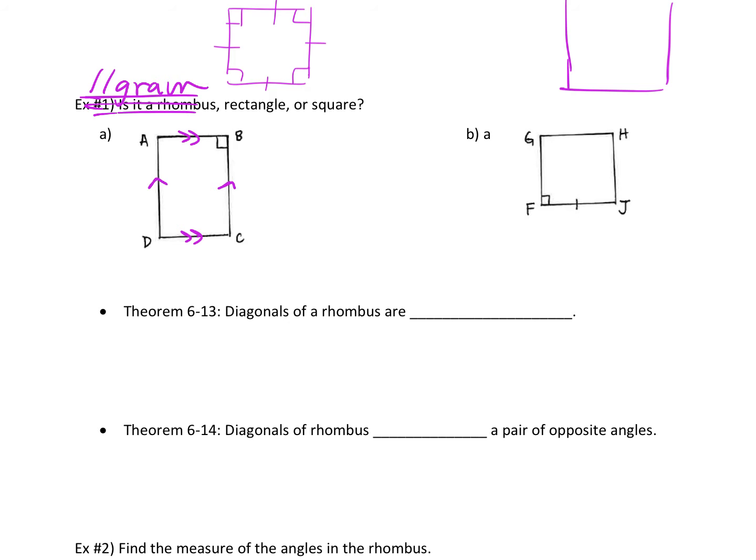How do you know it's a rectangle if they only marked one? Lots of ways you can get there. Consecutives are supplementary, same side interior angles. Opposites are congruent. So we actually know all 4 when we only know one. All 4 angles have to be right angles because they told us it's a parallelogram. So this is a rectangle, right? It has 4 right angles.